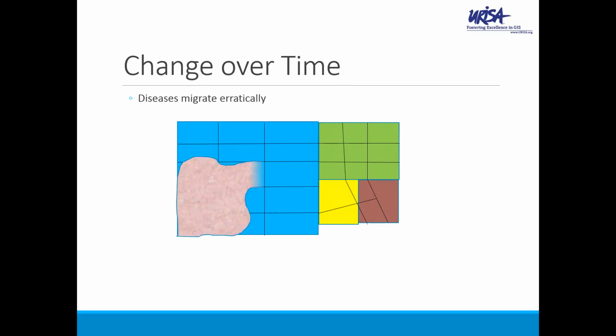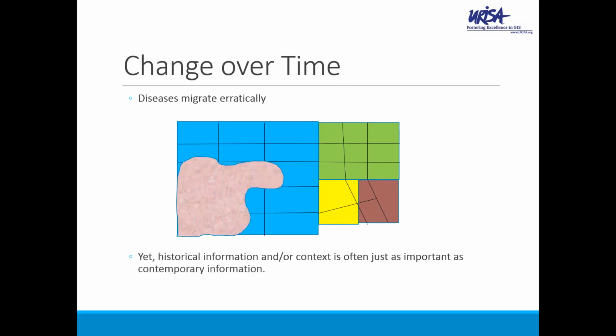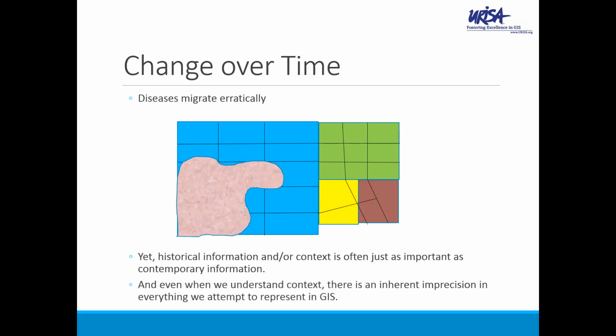And if we move into things like diseases, we know that those can migrate completely erratically. And yet, historically, we know that time from a historical standpoint is just as important, maybe more important than what's going on contemporaneously.